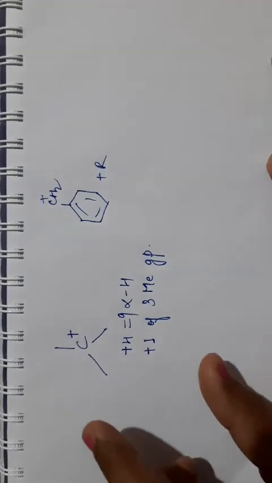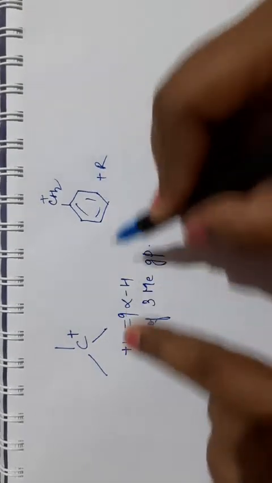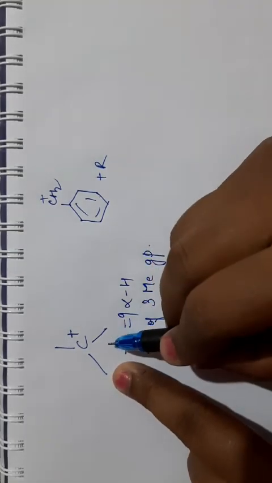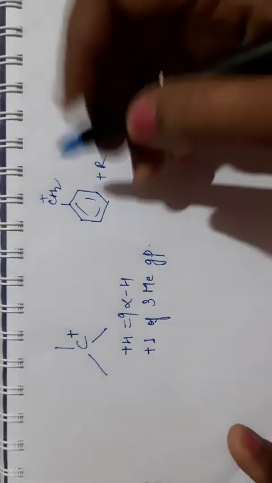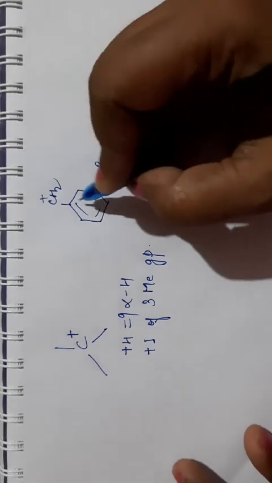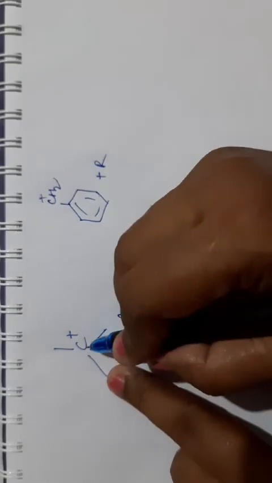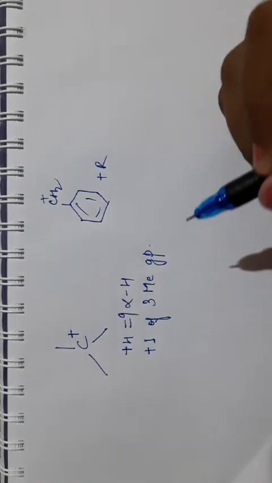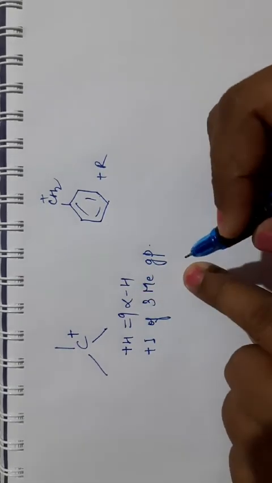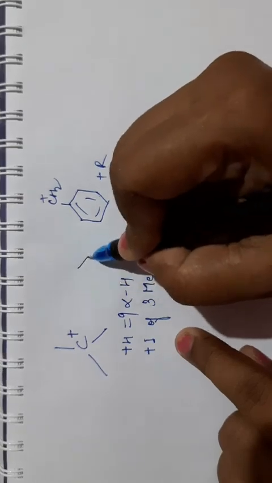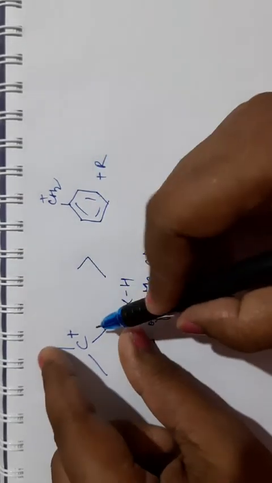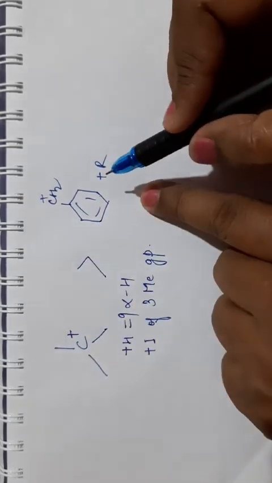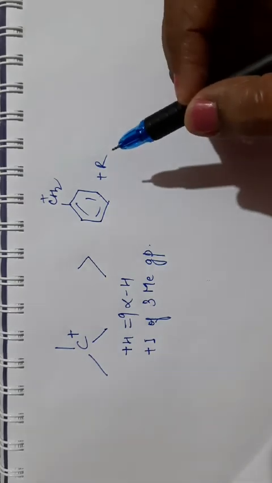This is very important. If you compare benzyl and this tertiary butyl carbocation, since resonance is dominant, it should be more stable, but in actual this is more stable because the effect of 9 alpha hydrogens and the plus I effect of 3 methyl groups is much higher than this group. So it is more stable as compared to benzyl carbocation.